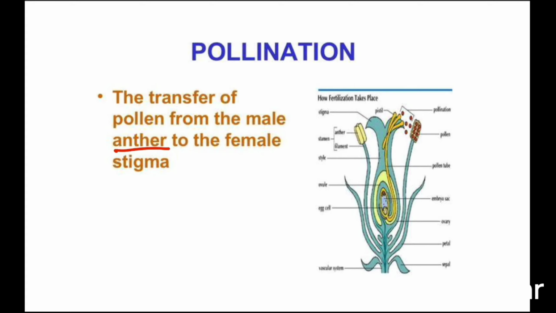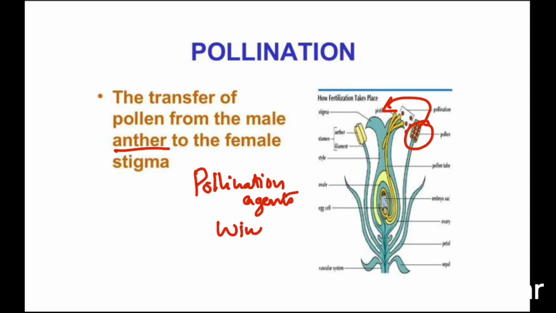So we can say that the process of transfer of pollen grains from the stamen to the stigma is called pollination. Here you can see that the pollen grains are there on the anther. They will be transferred to the stigma by pollination agents, such as wind, insects, or even birds.